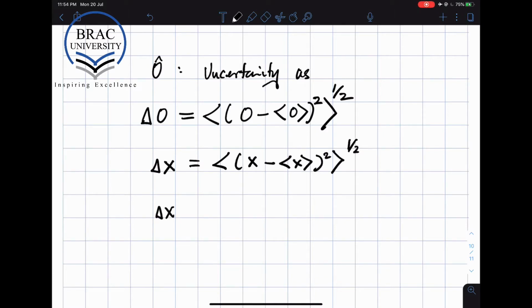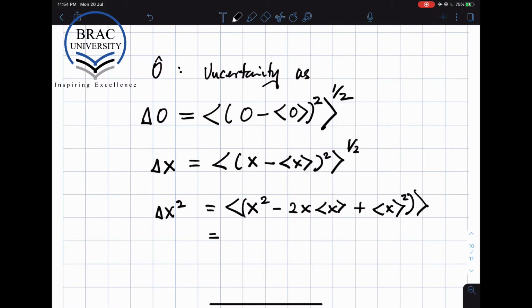So if we look at the square of the uncertainty, then there's a very nice, easy way of expressing it. We can express the square in the average. It's going to give me x squared minus 2x times the average of x plus the average of x squared, and the whole thing is averaged.